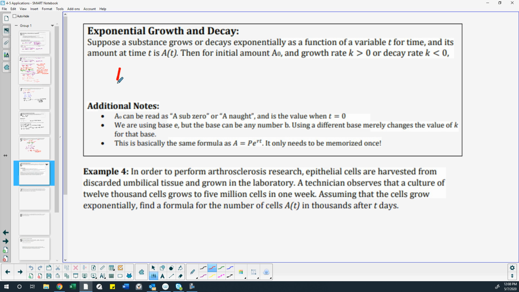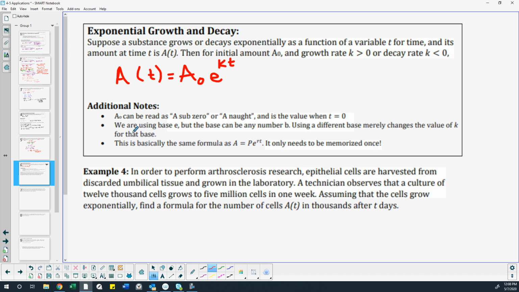The formula in general that we use when we deal with exponential growth and decay is a function A of t equals A sub 0 times e to the kt. A sub 0 can be read as A sub 0 or A naught and is the value when t equals 0, so it's the initial amount.